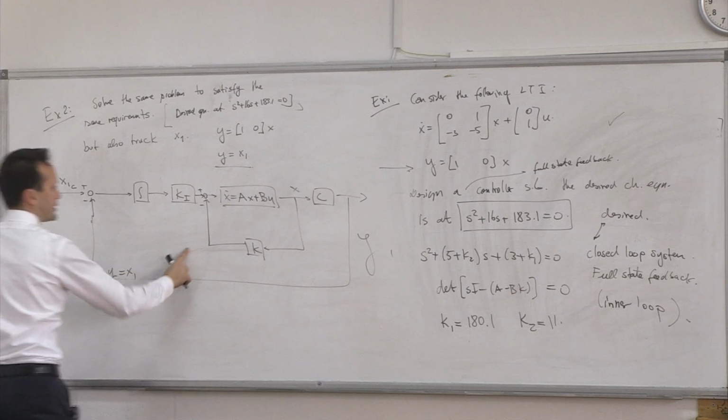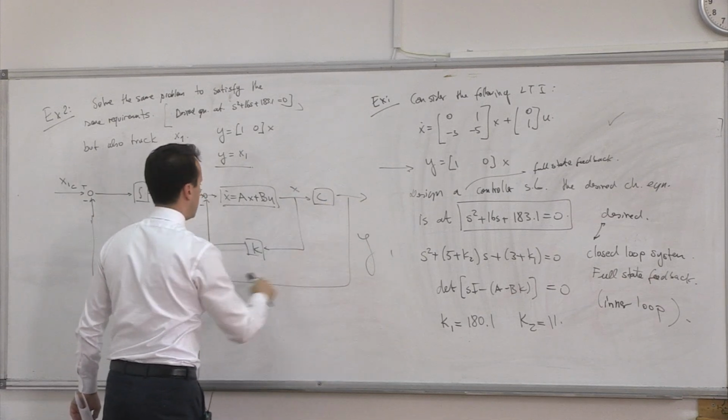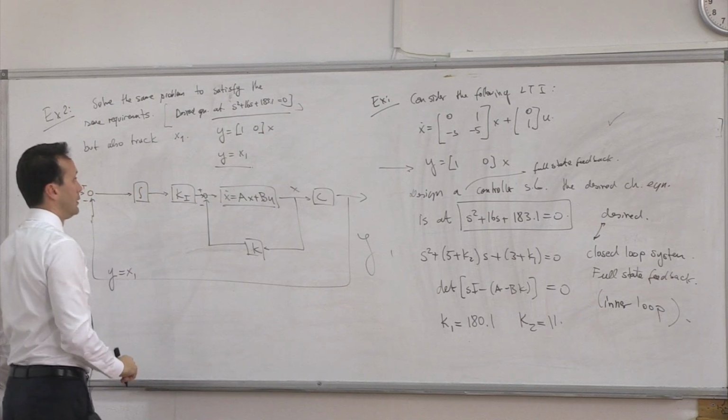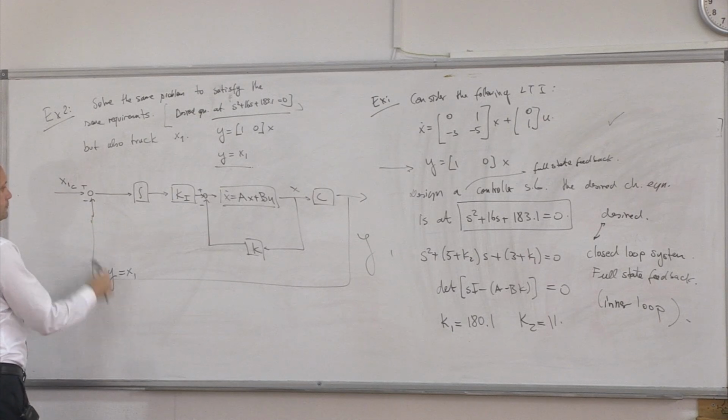So we stabilize the system using that, with desired eigenvalues at that, plus we want to track x1.